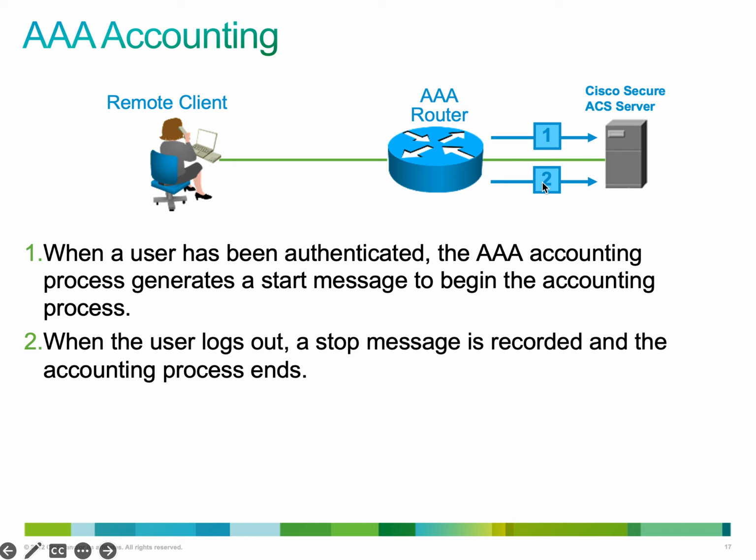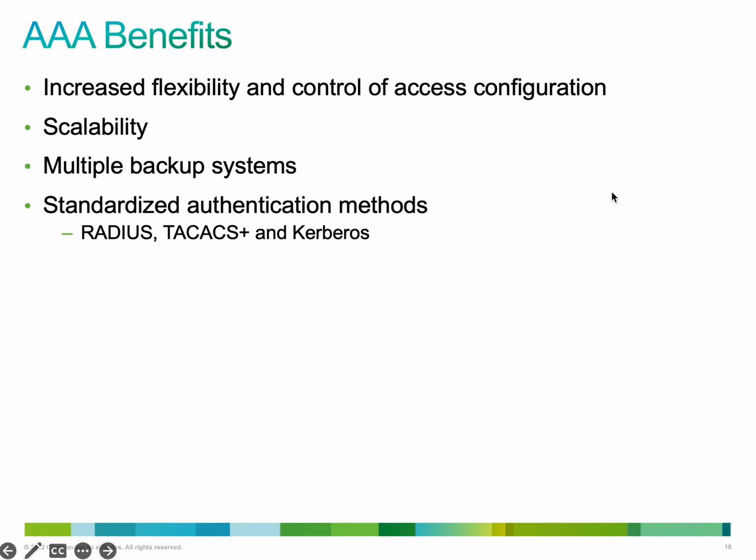When a user has been authenticated, this green line, the AAA accounting process generates a start message to begin the accounting process. When the user logs out, a stop message is recorded and the accounting process ends. So here is to start recording all your accounting messages, and here is to stop.